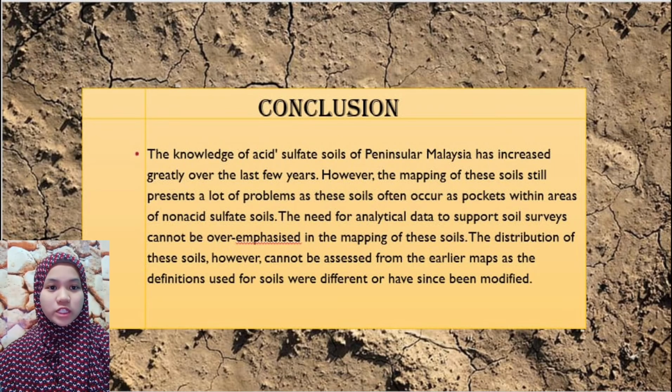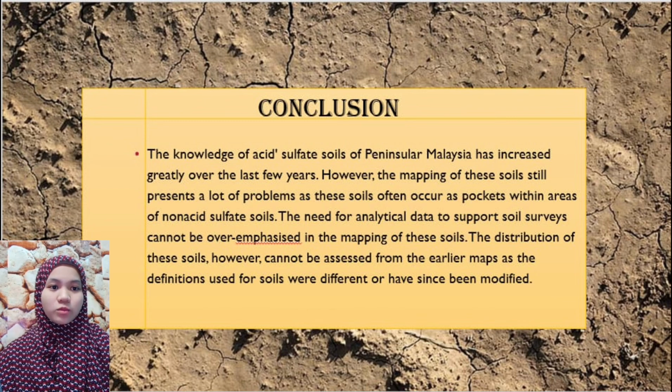Next, conclusion. The knowledge of acid sulfate soil of Peninsular Malaysia has increased greatly over the last few years. However, the mapping of those soils still presents a lot of problems, as these soils often occur as pockets within areas of non-acid sulfate soil.